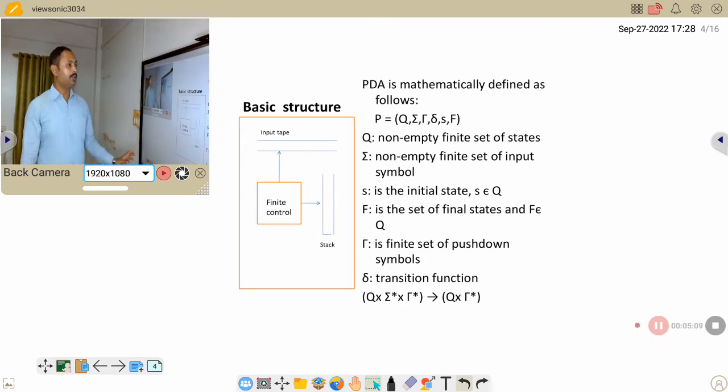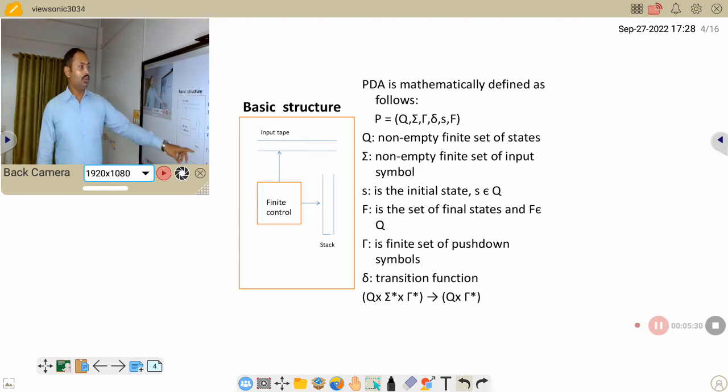Now this is the mathematical definition of pushdown automata. It says that pushdown automata is a combination of 6 tuples. Q is a non-empty finite set of states. Sigma is a non-empty finite set of input symbols. Small delta is the transition function. Small s is the initial state.